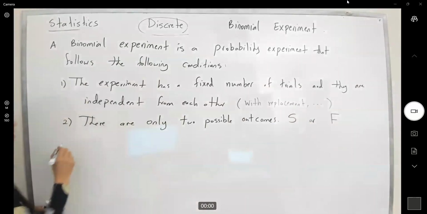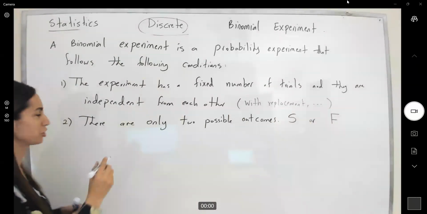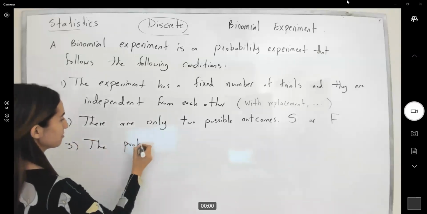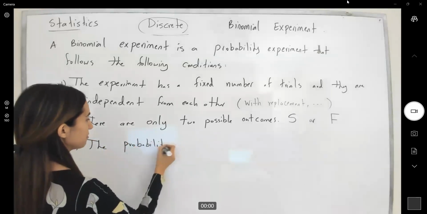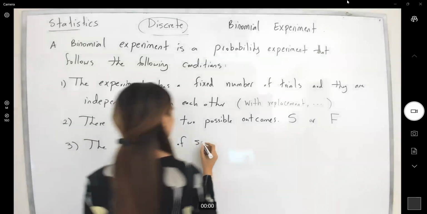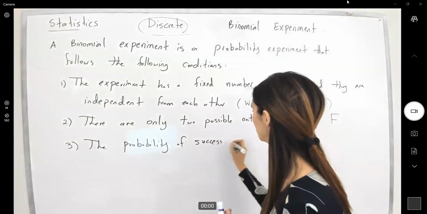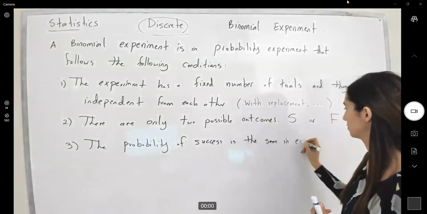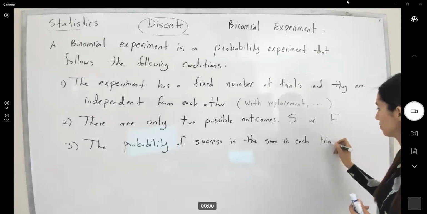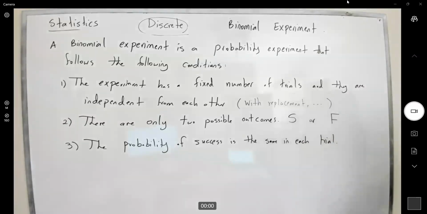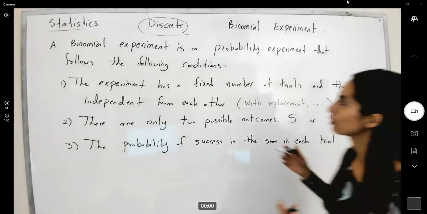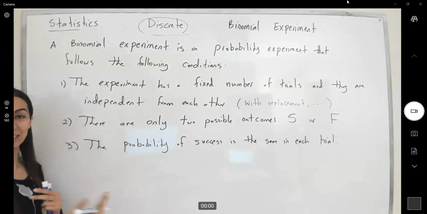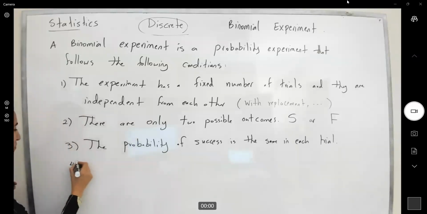The probability of success is the same in each trial. And finally, the random variable x counts the number of successes in these trials.